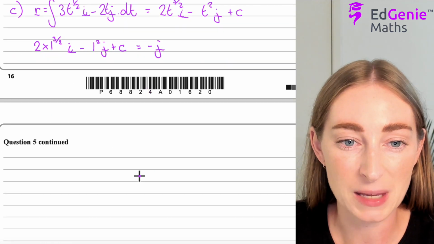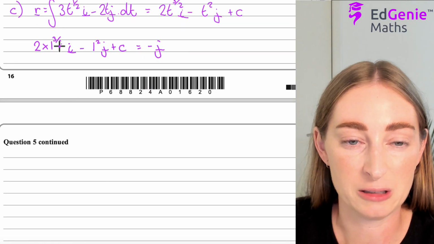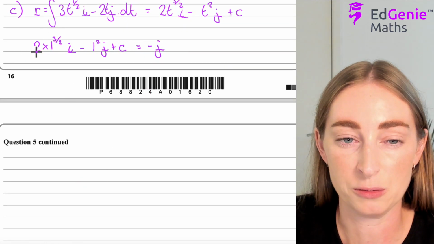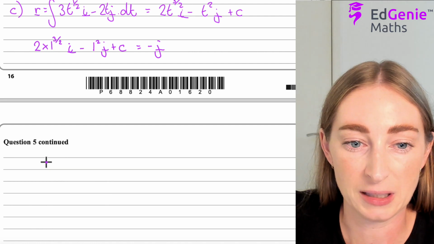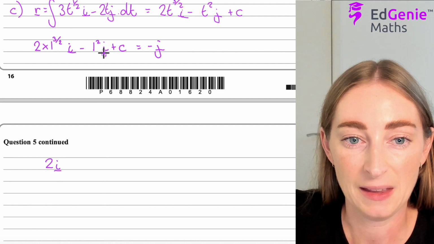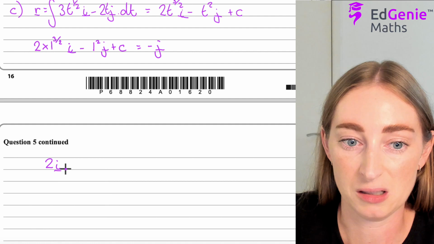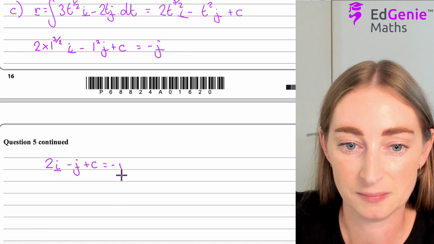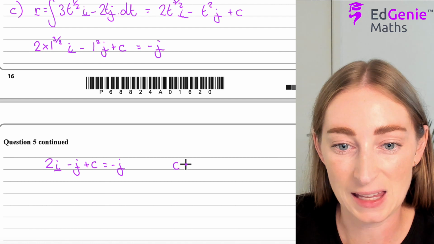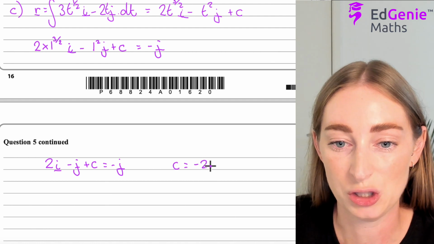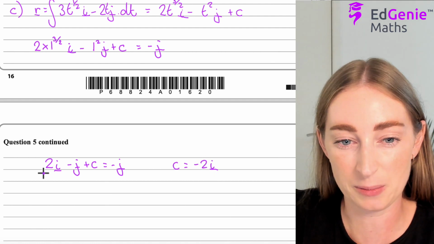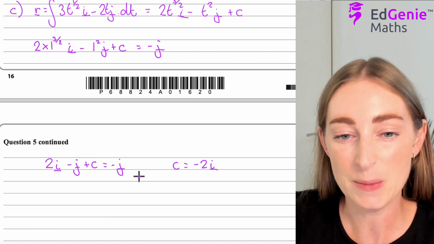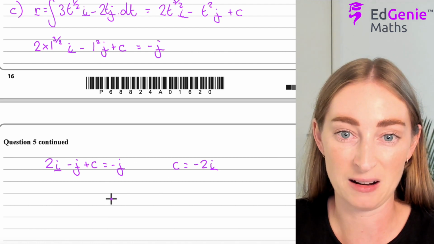So that means we want this to equal 0, which at the moment is going to equal 2. Can you see that? So we're going to have 2i. This is going to just be minus 1. So that means that c must equal minus 2i. Can you see that? Because this needs to cancel out, because in our answer we don't have any i's.